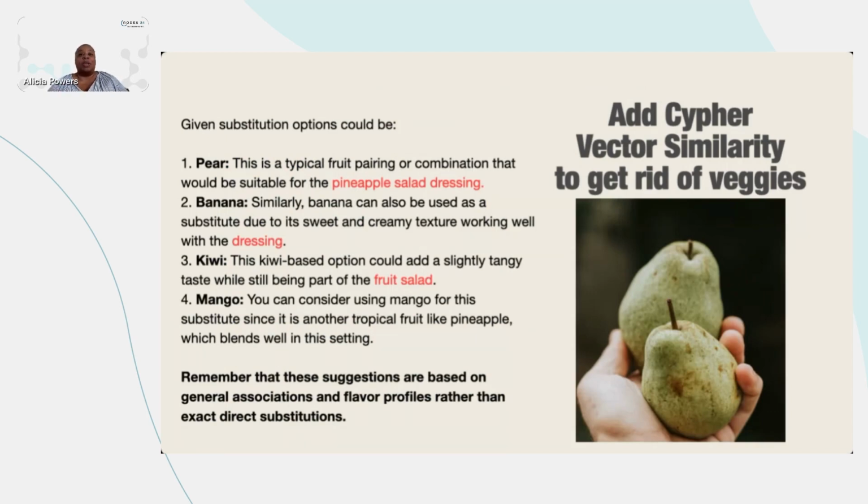So if you like apples and they're not available to you, here's a list of 4 things you might want to try instead: a pear, a banana, a kiwi, a mango. To me, it made total sense. The model also said that these suggestions are based on general association and flavor profiles rather than exact direct substitutions. So there might even be some space to add more information. And so that was really important.